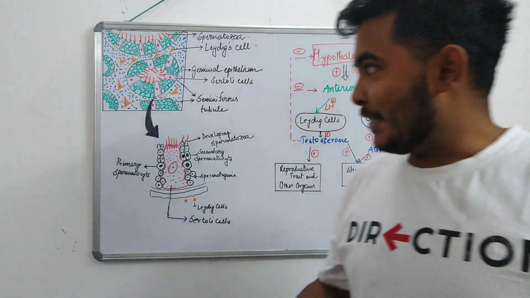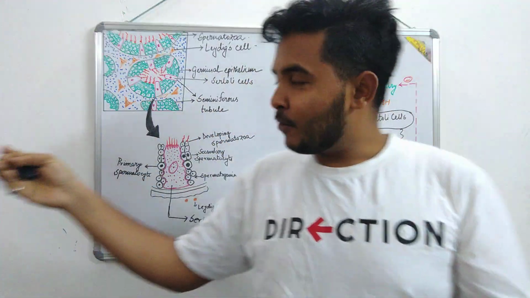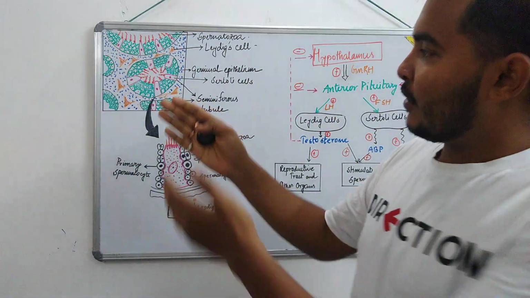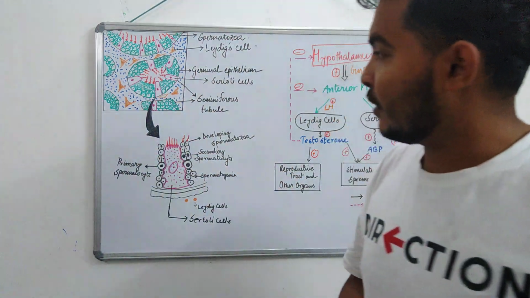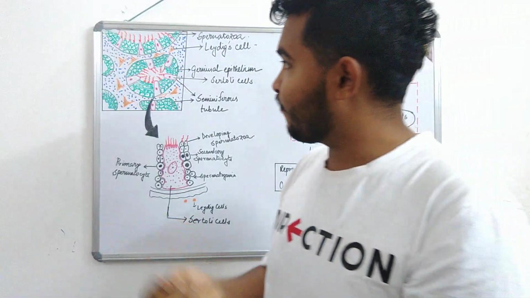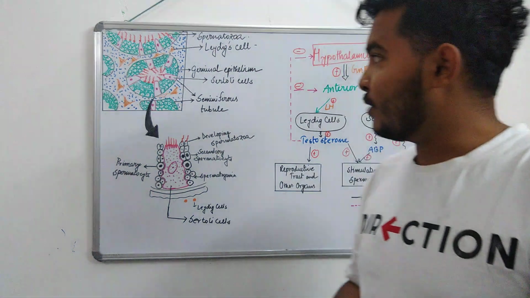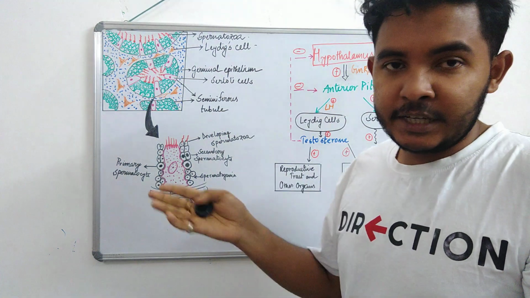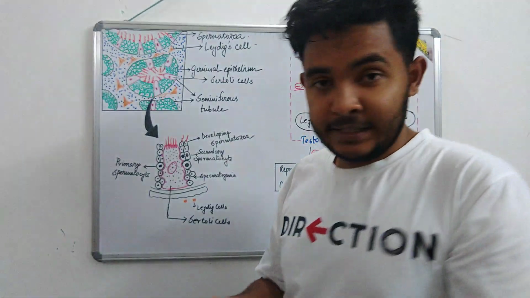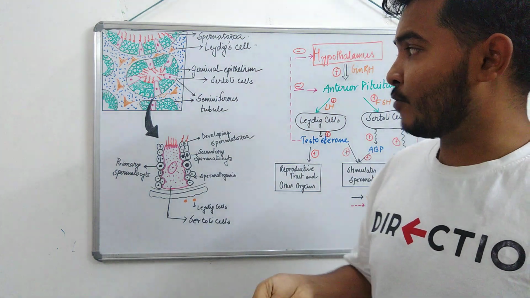On this right corner, you can see a transverse section of the testis of human beings.